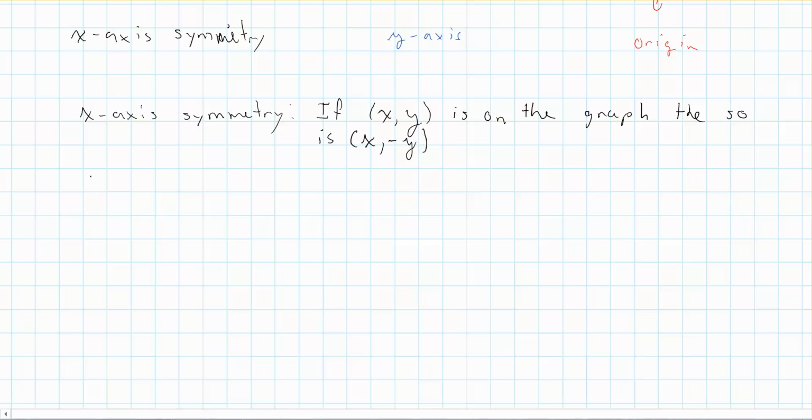So to test, substitute negative y into the equation and see if you get the same thing. And what I mean by that is, see if the equation remains the same.